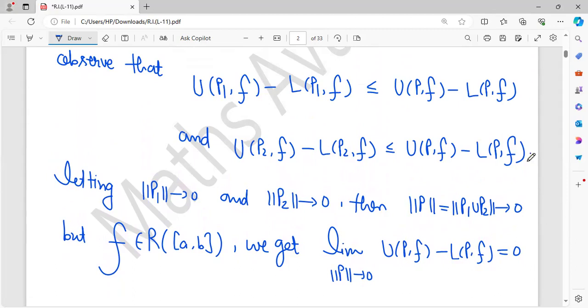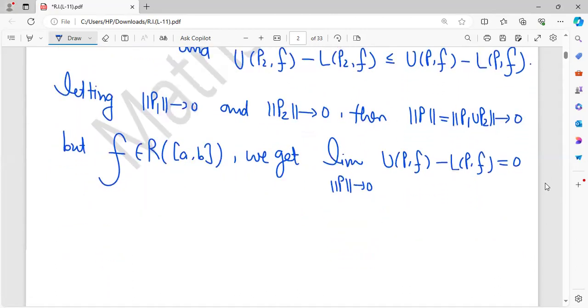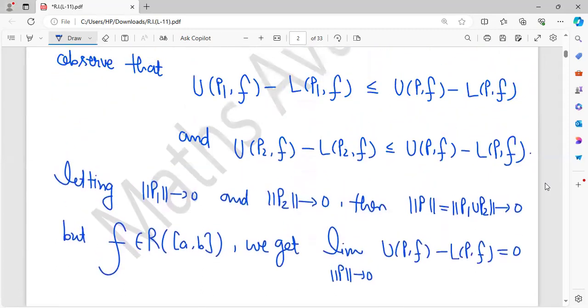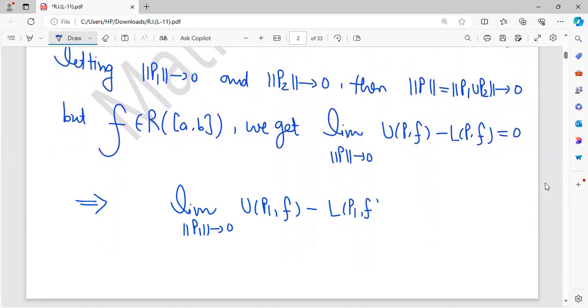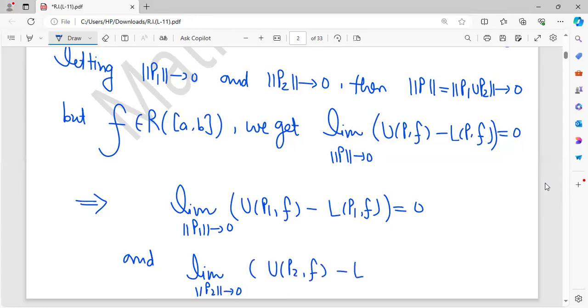Applying this, we get the limit as norm of P1 tends to 0 of U(P1, f) minus L(P1, f) is equal to 0, and the limit as norm of P2 tends to 0 of U(P2, f) minus L(P2, f) is equal to 0.